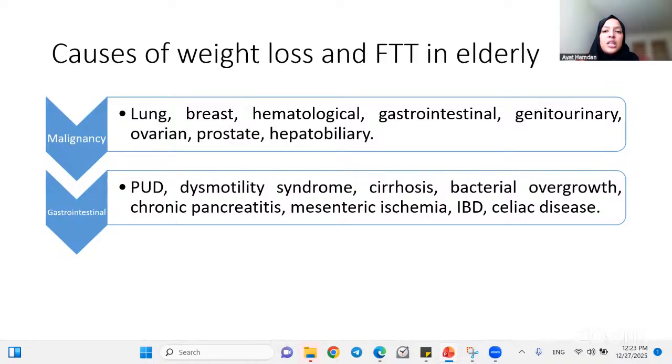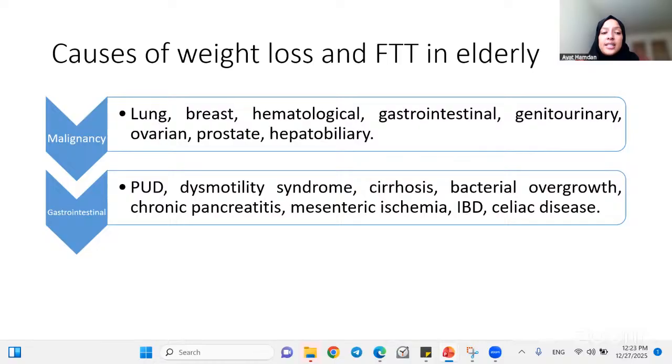If the patient is due for lung cancer screening, breast cancer screening, or any other screening, please do that. Always screen for depression as well. For malignancy: lung cancer, breast cancer, hematological cancer, gastrointestinal cancer, genitourinary, ovarian, prostate, and hepatobiliary.